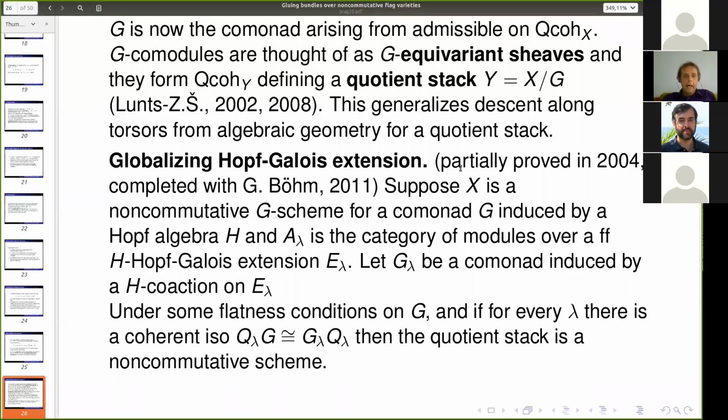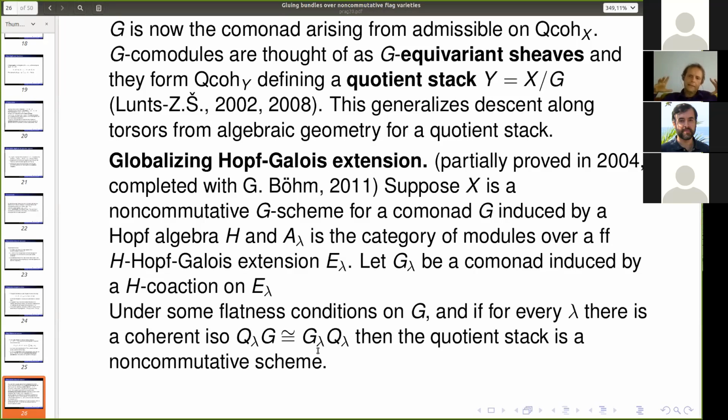So let me say here, there is some notation. You see, you have these functors q lambda, well, I guess it should be upper star. This q lambda and q lambda g, this composition is the same as g lambda q lambda, if such g lambda exists.